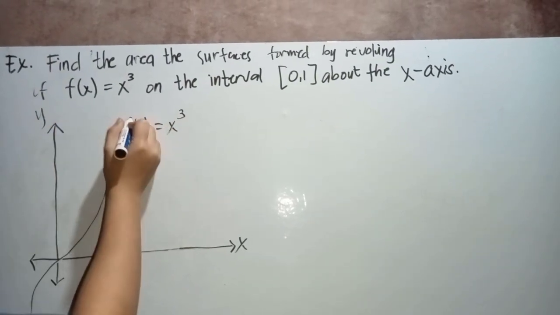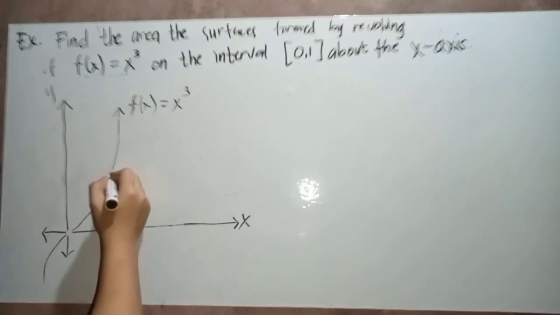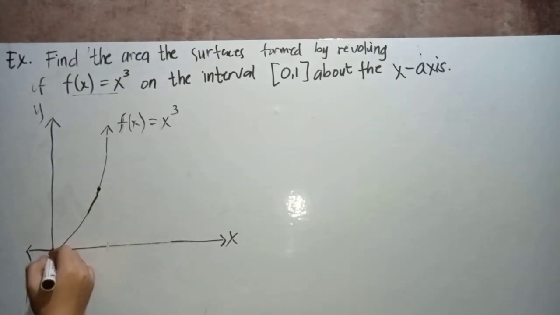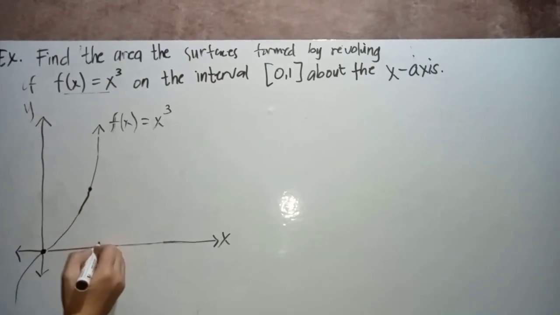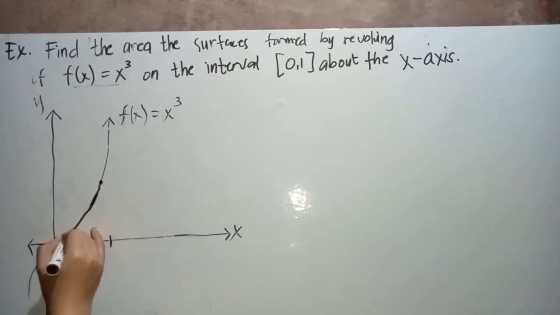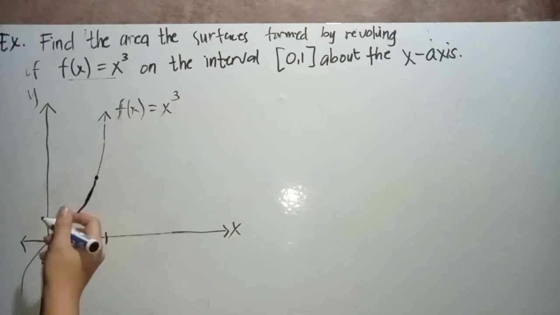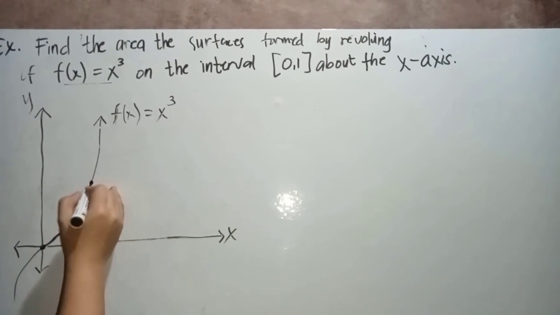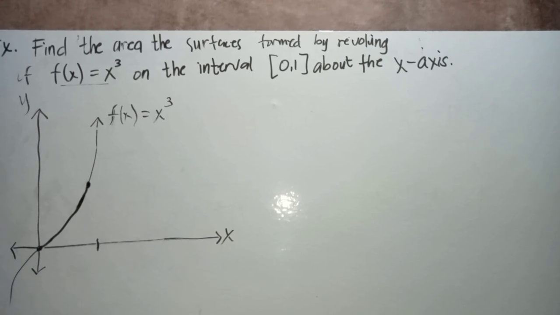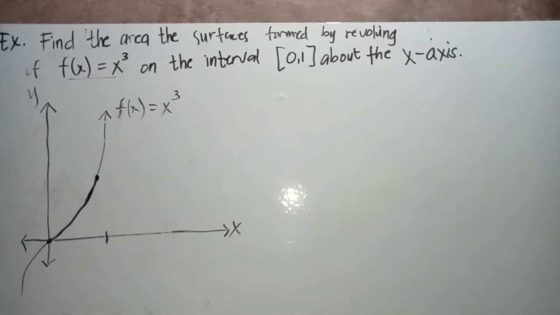And then we know that the specific part of this curve that we are revolving about the x-axis is from x equals 0 to x equals 1, so this would be x equals 0, and then I'll say that y equals 1 is right about here, which means the point on the curve at x equals 1 will be about here.